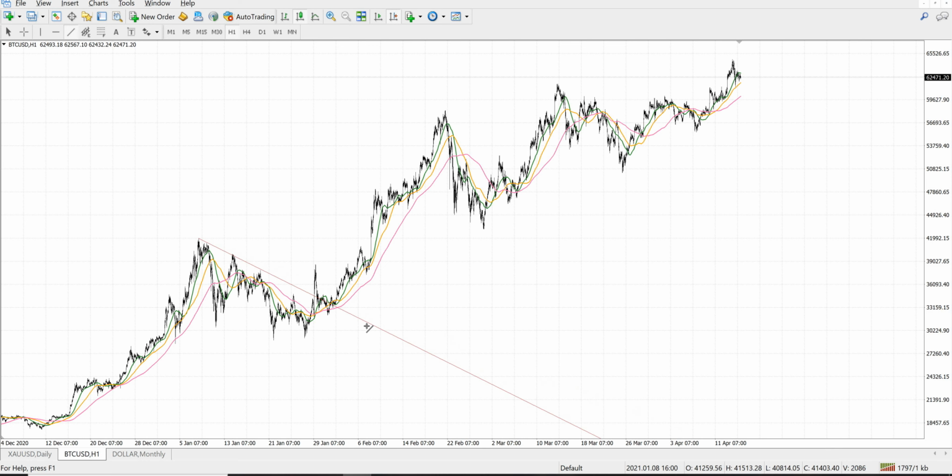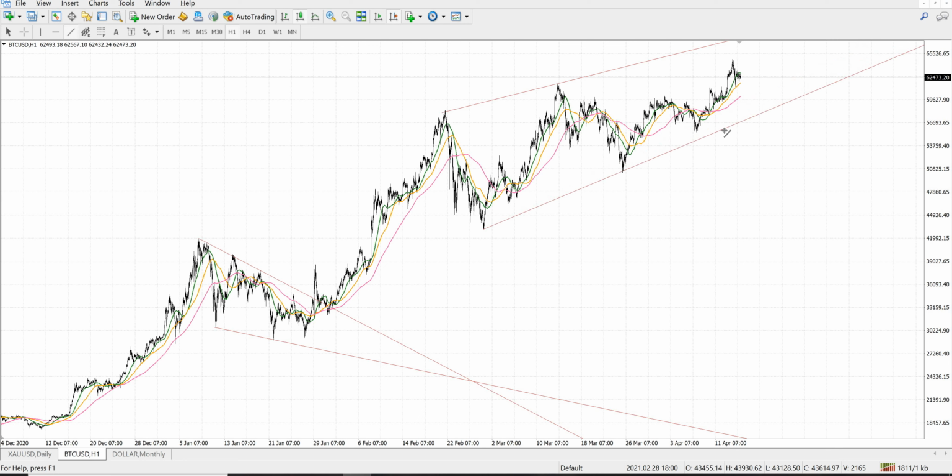So first, I'm going to mark a previous pattern. And again, this is on the H1, but you can see these on the daily as well. But again, Bitcoin follows its patterns. But the big one that concerns me is currently forming.